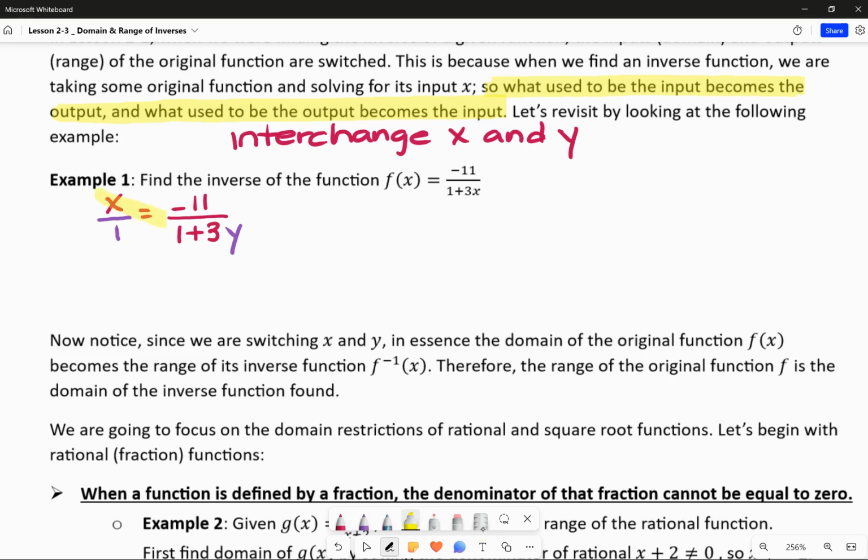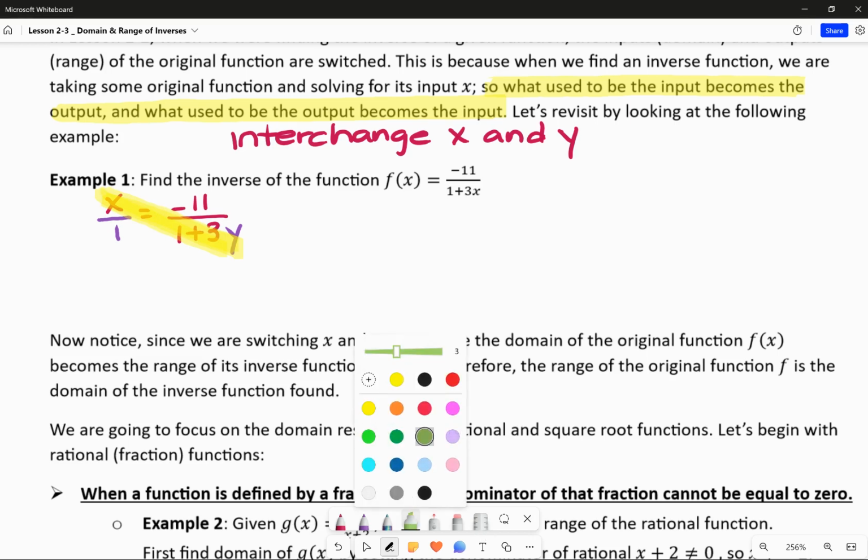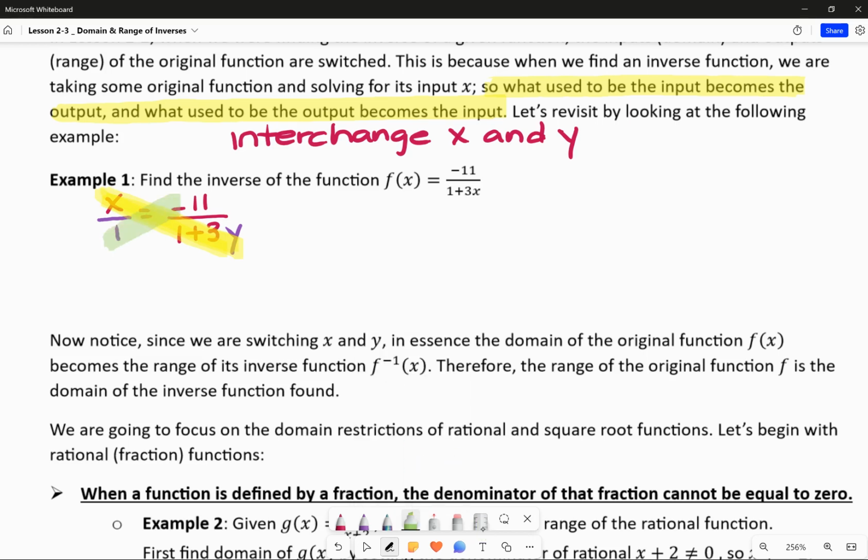You're going to take the x and the 1 plus 3y, and multiply those two together, and set it equal to the multiplication of the other two. So we're going to cross multiply.